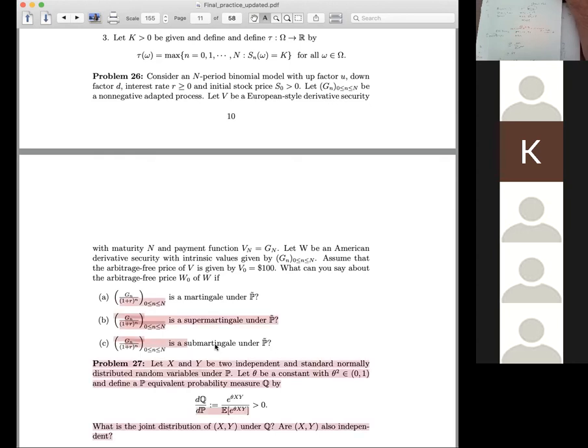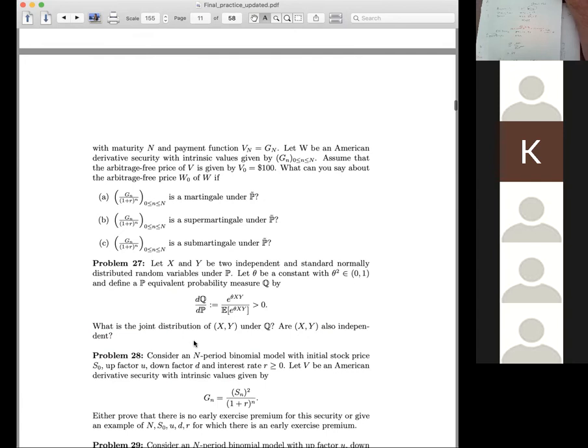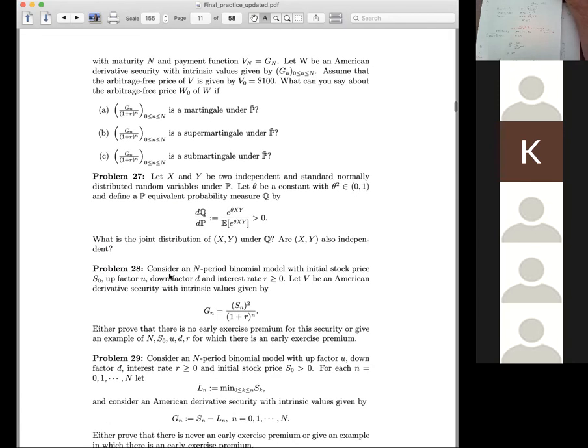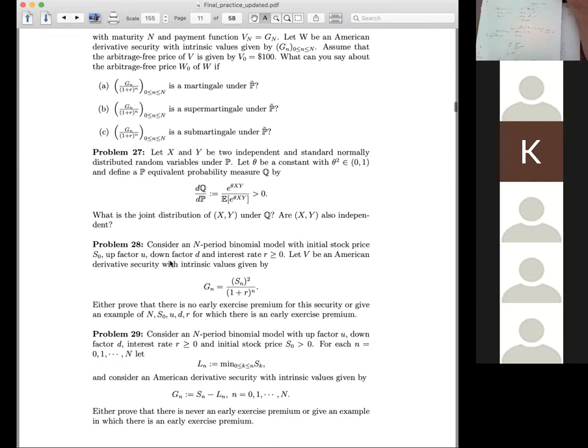Like the sub martingale, that's the one we've been working on. There should be one more. Yeah, there's this problem 22. Again, you have an American, and you want to see when is it optimal to exercise. And now here you have a square function. But again, the square function has convexity in it. And as soon as you have this convexity structure, you're going to get a sub-martingale. So it falls into this category up here.